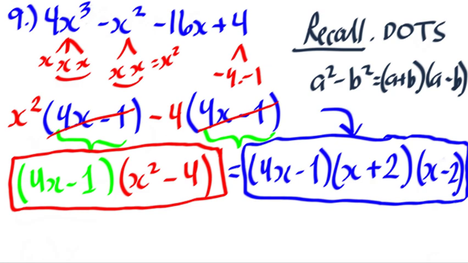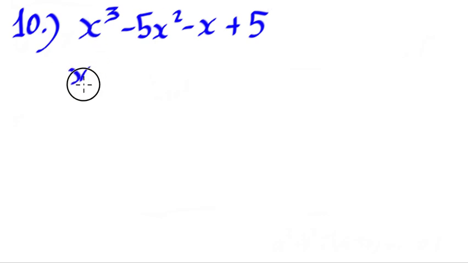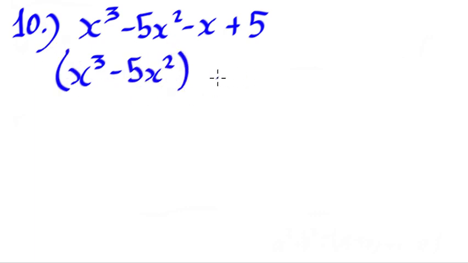For number 10, the last number, the question is x cubed minus 5x squared minus x plus 5. What are we going to do? We're going to group first the first two terms, x cubed minus 5x squared, in a parenthesis, and then group the other parts. Recall that 5 can be written as minus 5 times minus 1.